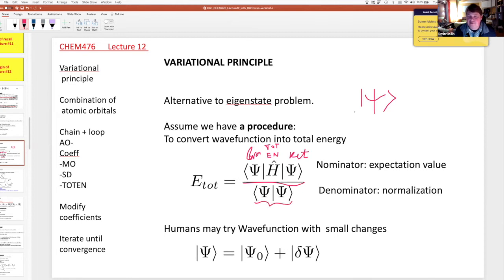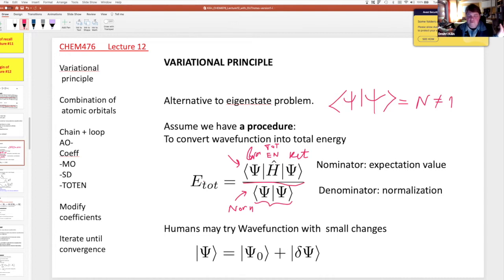Even if the wave function was not normalized, if it was some number n that is not equal to 1, if I divide the expectation value of energy by normalization, then I fix this shortcoming. So if I have a wave function, I do have a protocol to find total energy, right?